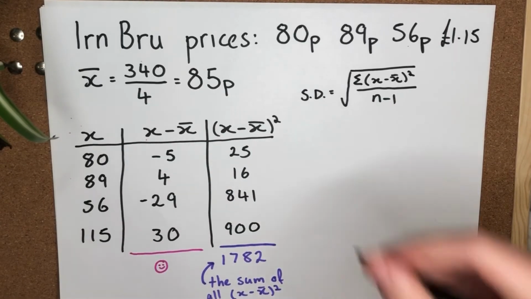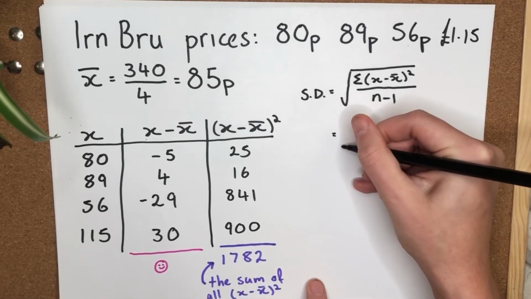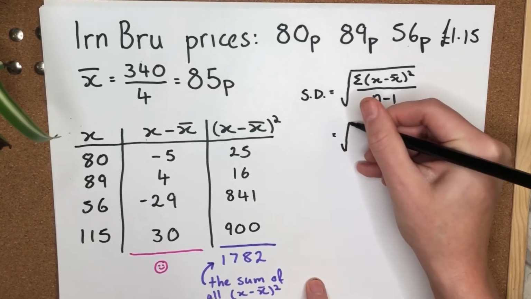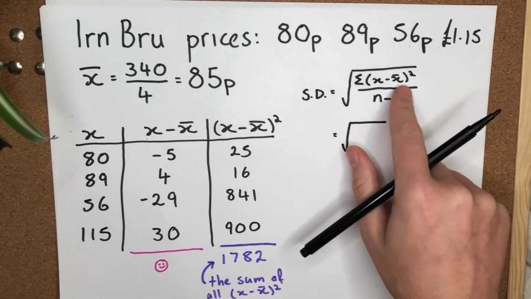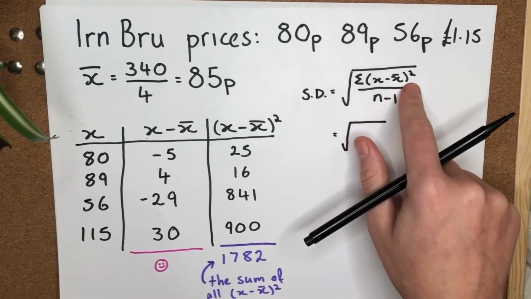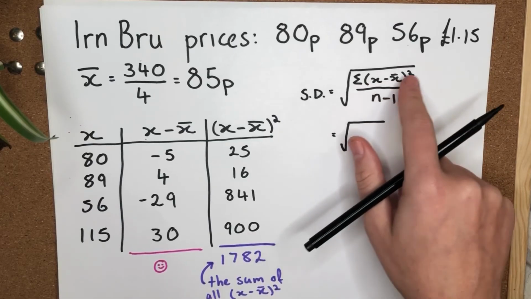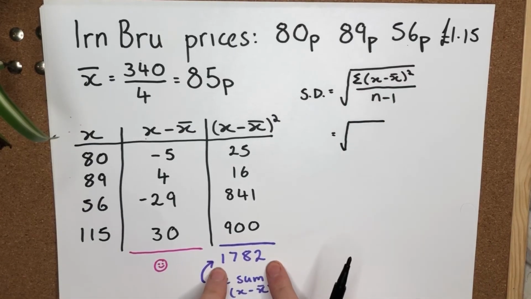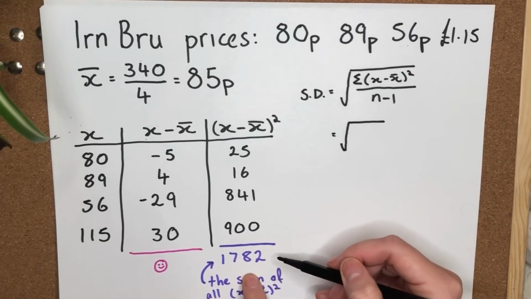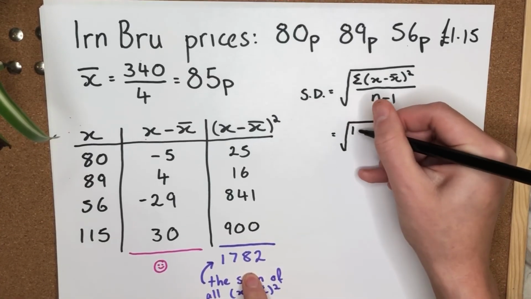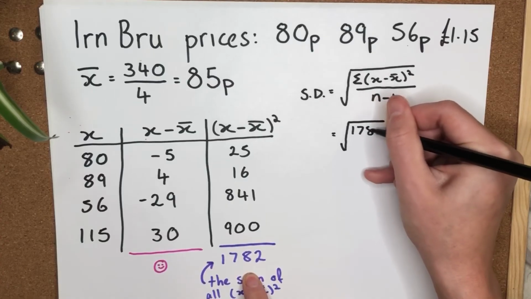Okay, let's substitute into this formula. First thing, we're still going to have our big square root over the whole fraction. The top of the fraction, the numerator, is the sum of the x minus x bars squared. Oh my gosh, that's the whole reason we did the table. So I take the number from the total of the table, and that's the whole numerator of that fraction.